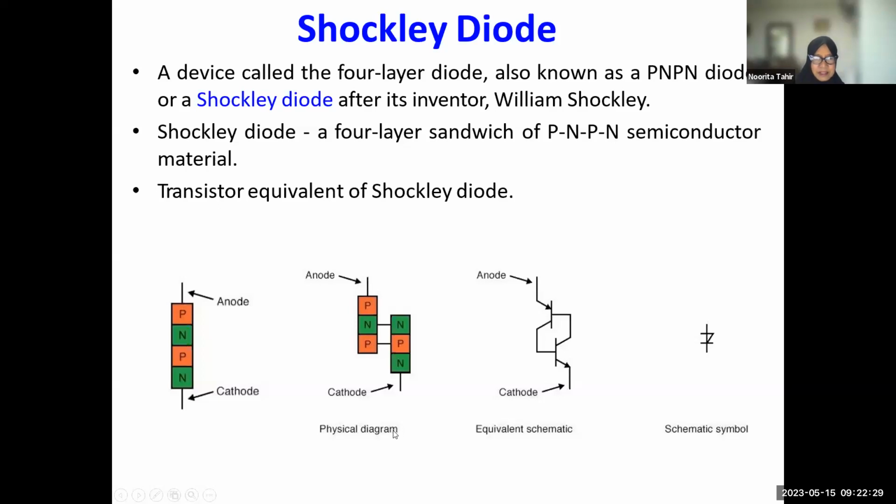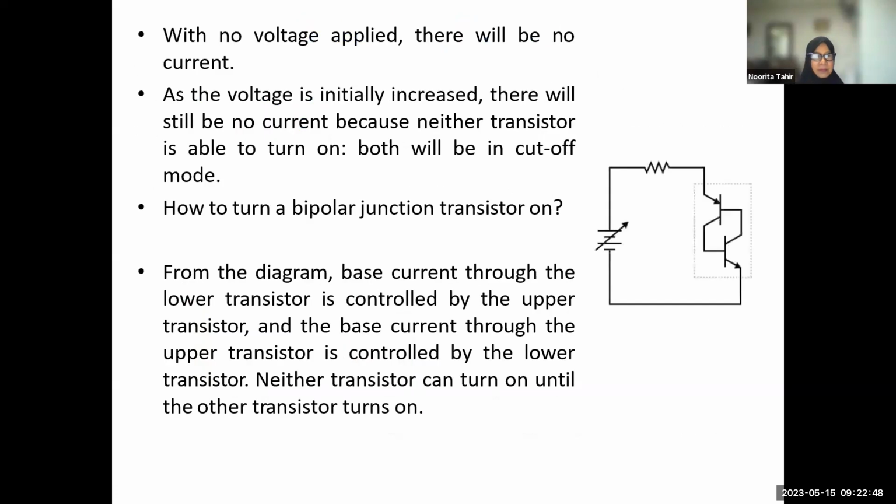So the physical diagram looks like this, where the P and the N are the extremes, the P is for the anode and the N is for the cathode, while the inner N and P are connected as such. So this is the equivalent schematic, and this is the schematic symbol of our Shockley diode. Recall that.